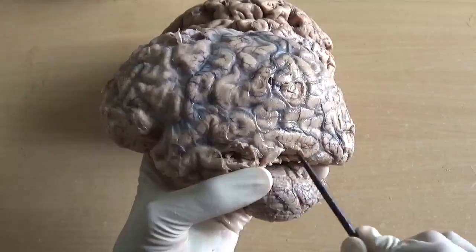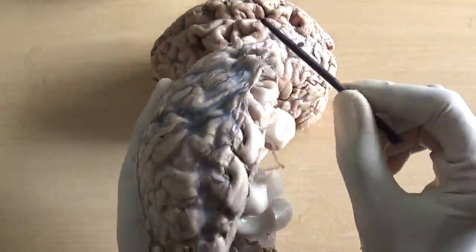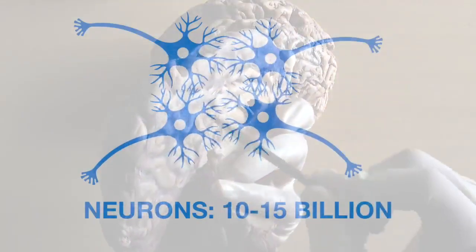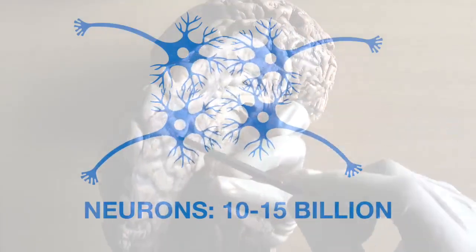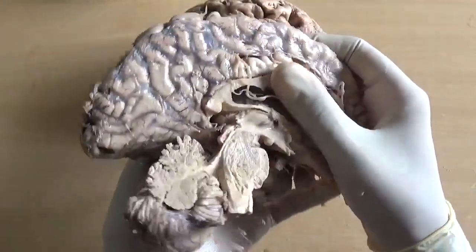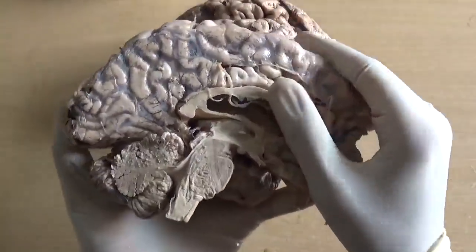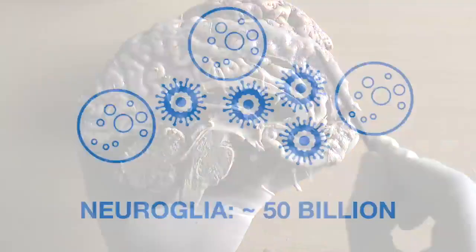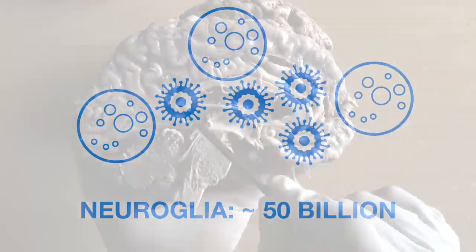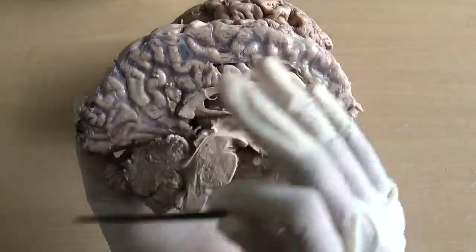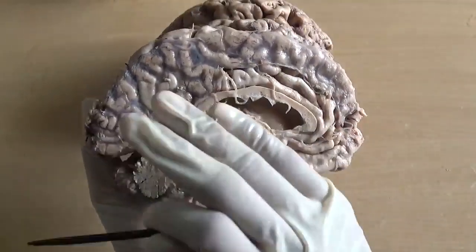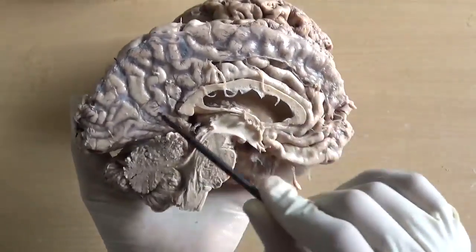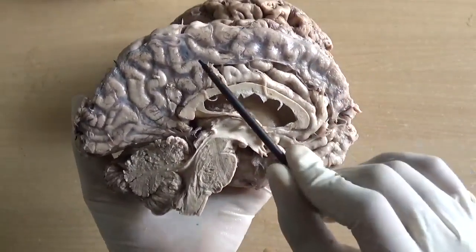On an average, the entire cerebral cortex accommodates 10 to 15 billion neurons, and the neuroglia are 5 times the number of neurons, approximately 50 billion neuroglia. Just imagine this many neurons and neuroglia are accommodated within the cerebral cortex.